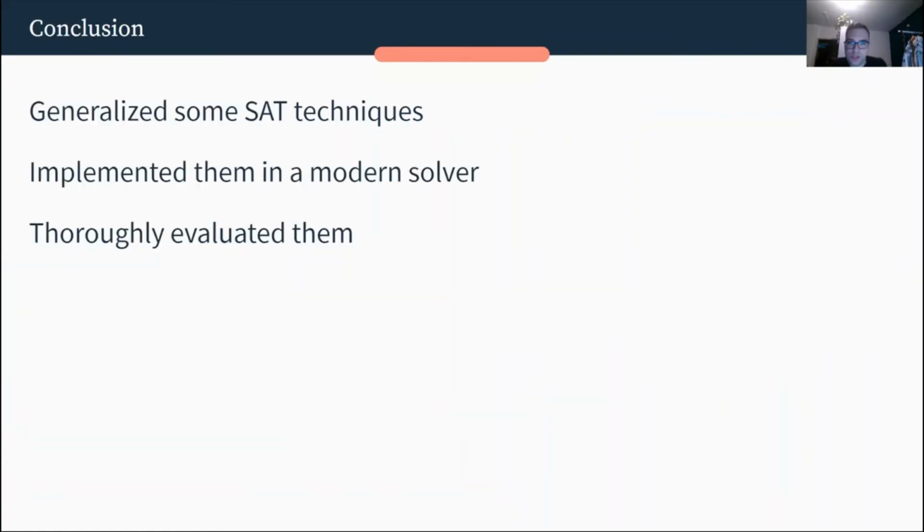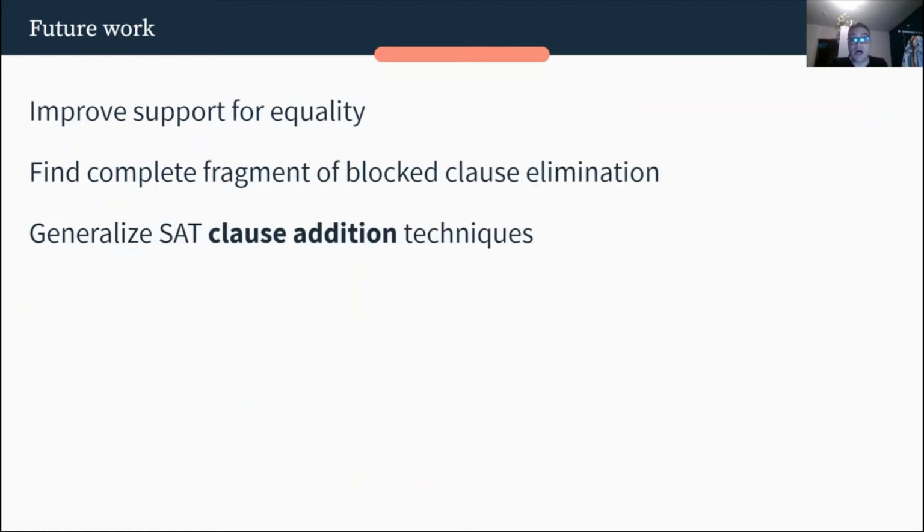In conclusion, we have generalized some SAT techniques, implemented them in a modern solver, and evaluated them in a lot of different configurations. Our future steps are to improve the support for equality. It is still not perfect in, for example, hidden literals and block clause elimination, and we want to find a fragment of block clause elimination which can be used with superposition.